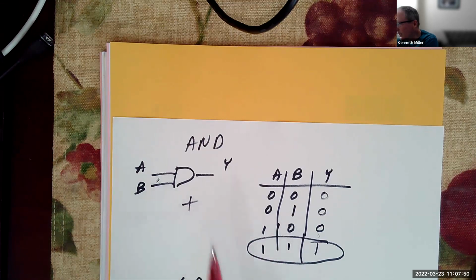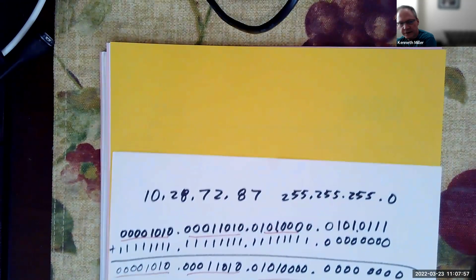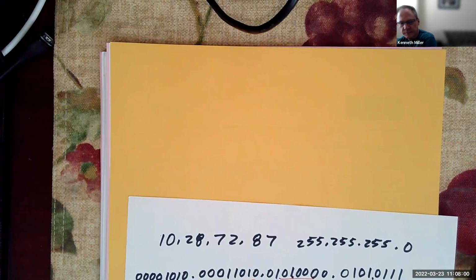Okay. So the way we work with our network ID is, first thing we do is we take our address 10.28.72.87 and we put it in binary. So we say 10 is 00001010, 28 is 00011100, 72 is 01001000, 87 is then 01010111.